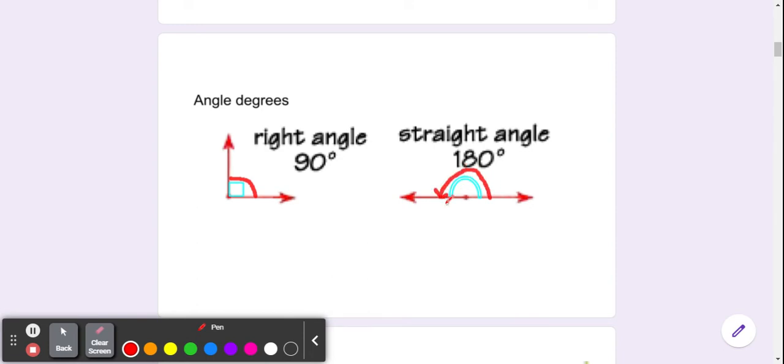That's 180, because 90 plus 90 is 180. So if I had a number line here, this is a 180 because this would be a 90, and this would be a 90, and a 90 and a 90 is a 180. So that's where that 180 comes from.